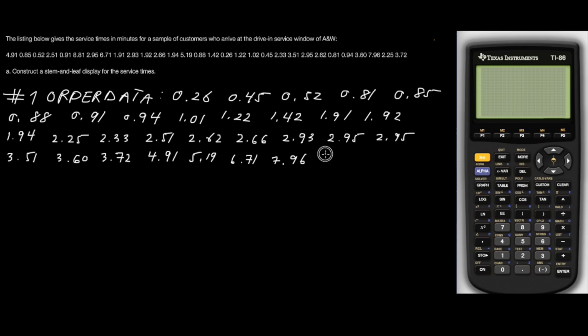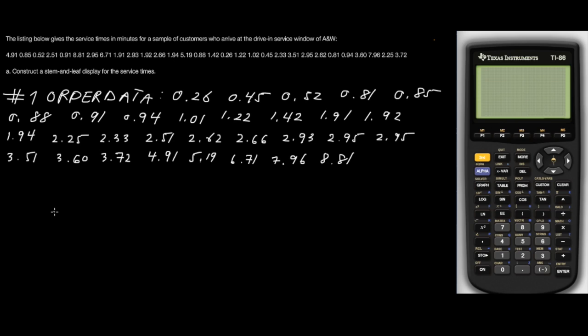All right, so here we go. Our data is fully ordered. As you can see, we go from smallest to biggest. So this is definitely your number one step. Every time you have a problem like this, make sure that your data is in order. It'll just make your life a lot easier.